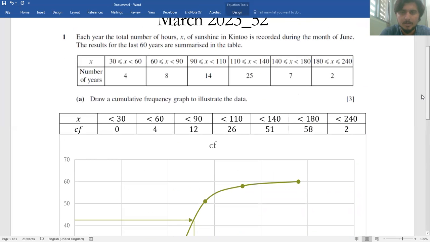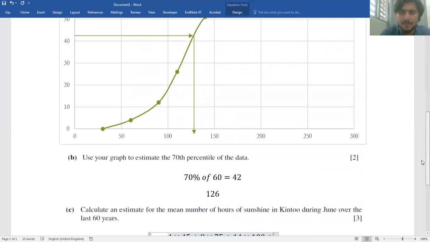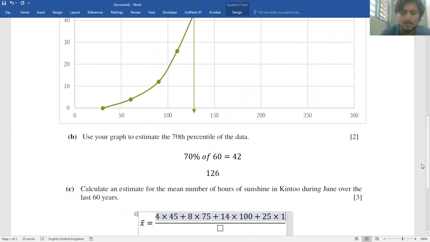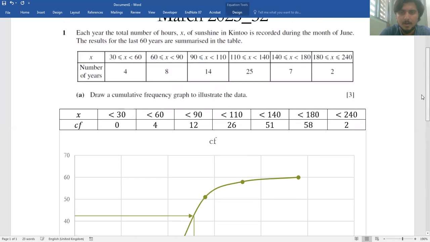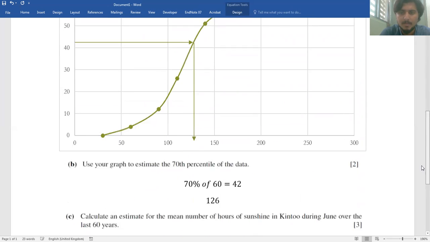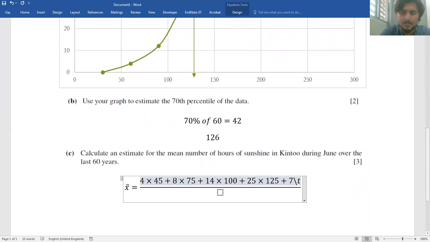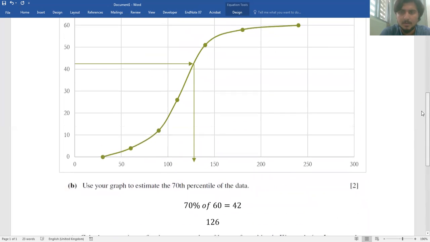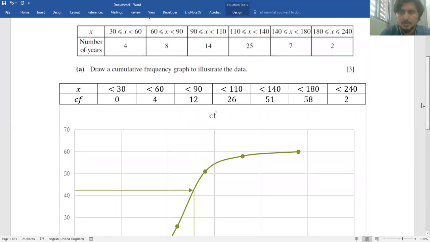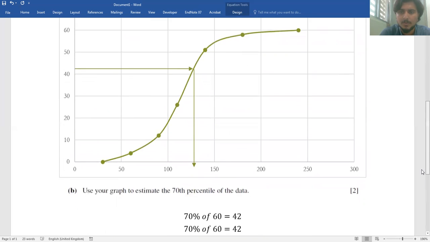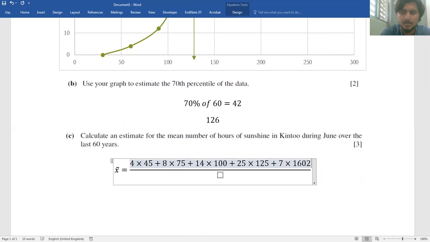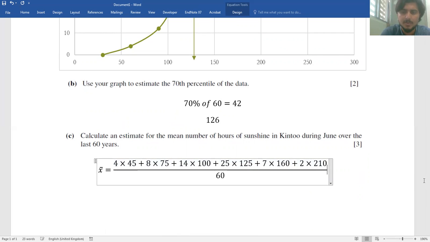and 150, 250, 125. 25 will multiply by 125 and 7 will multiply by 160 and 240, 210, 40, 60, 300. 2 will multiply by 210, and all of these were total years, 60.